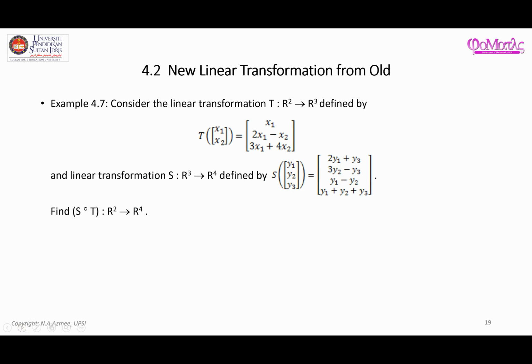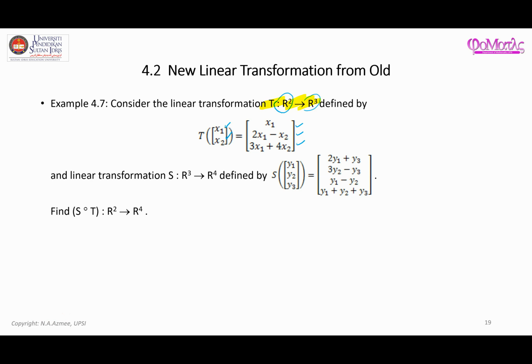Now let's look at this example here. We have T as a linear transformation. It transforms a vector space with 2 dimensions into another vector space with 3 dimensions. You can see clearly that here we have 2 inputs, 2 dimensions, and then here the result is 3 components, 3 dimensions.